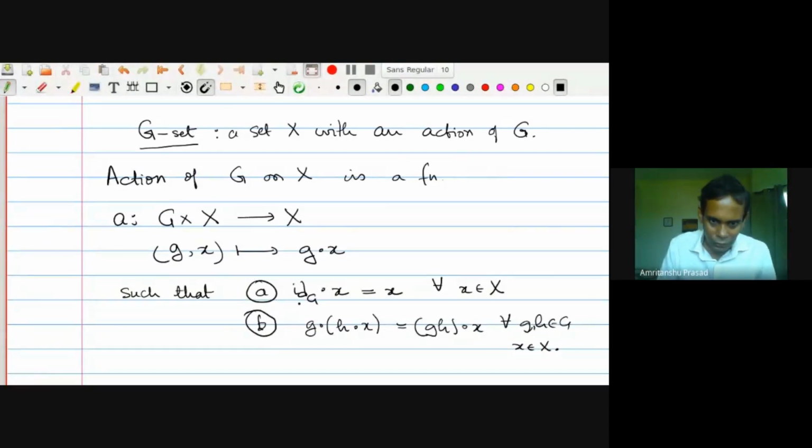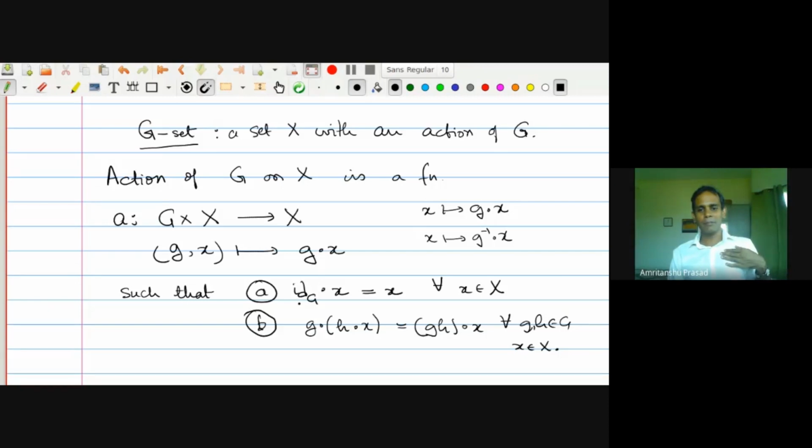And if you think of this, if you fix g and you look at the function x goes to g dot x, it will have the inverse, the function x goes to g inverse dot x, because of this compatibility property. Because if you take g dot (g inverse dot x), then it's g times g inverse dot x, which is just identity times x.